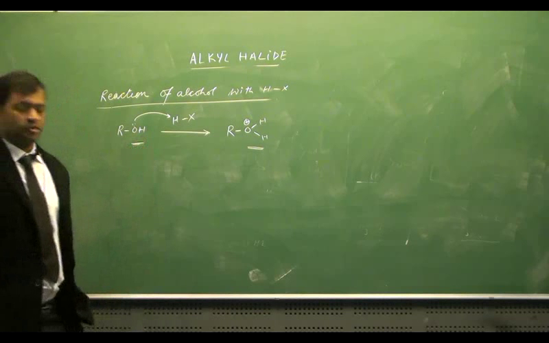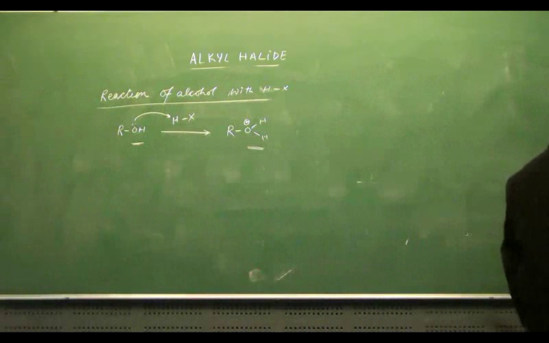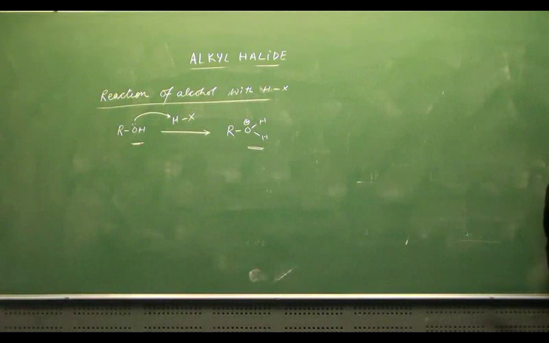Now it is a good leaving group. Previously it was a poor leaving group. In the presence of acid, it converts into a relatively better leaving group, a good leaving group.